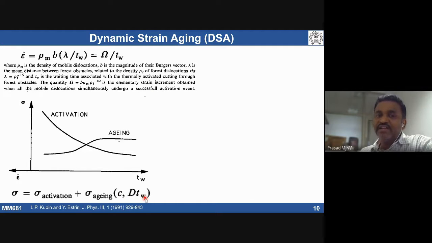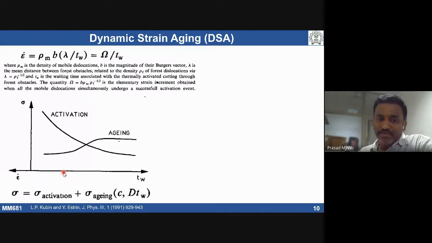The opposite of strain rate is basically time, because strain rate is 1 by t, per second. So it's basically increasing time or decreasing strain rate.